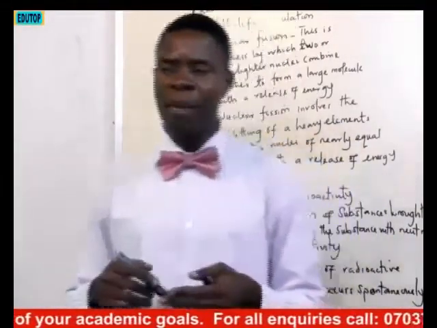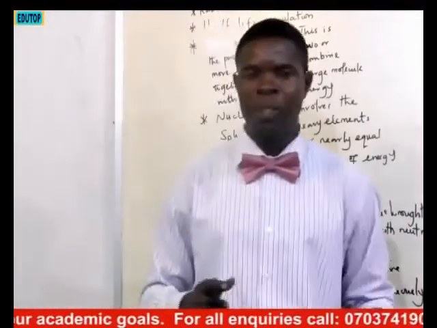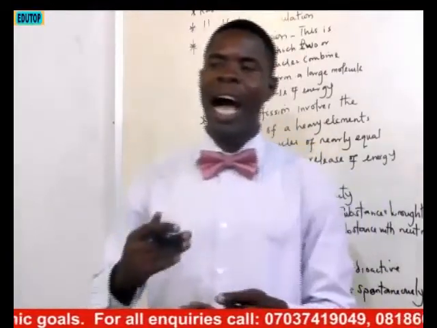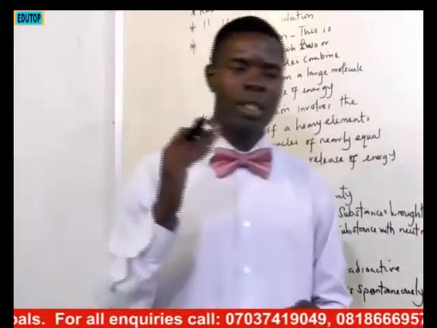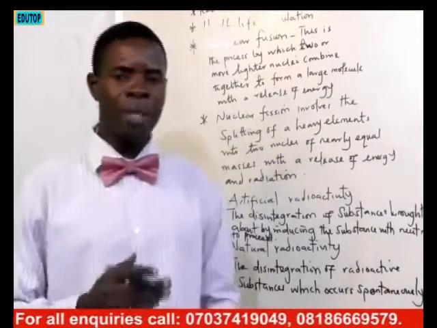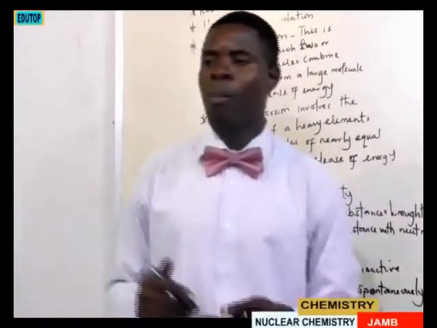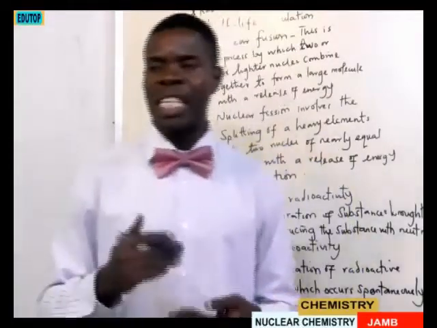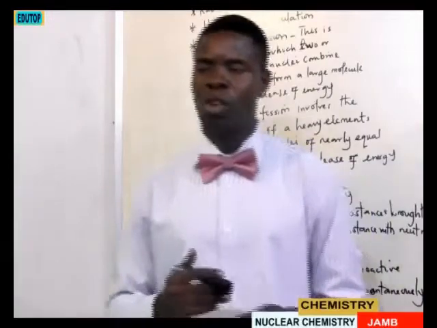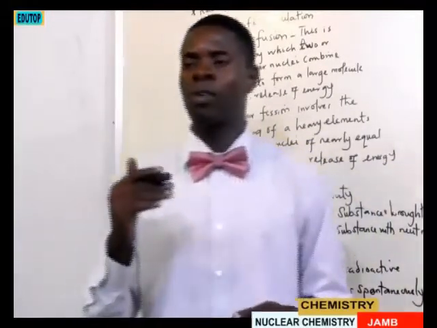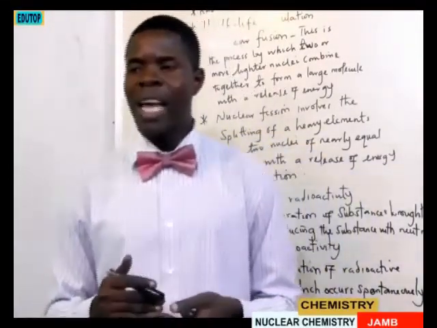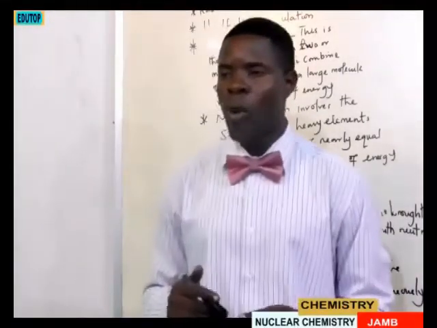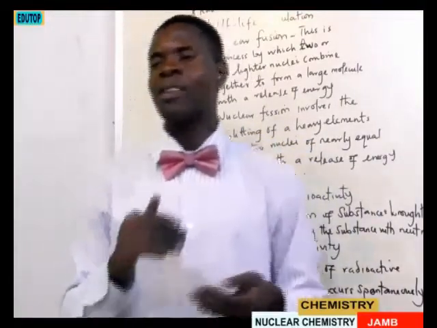So what it simply means is that reactants are used up, and the products are being formed. And they are dependent on some factors such as what? Temperature, catalyst, pressure. But nuclear reaction is independent of temperature and also independent of catalyst. Nuclear reactions are unstable, whereas chemical reactions are stable.